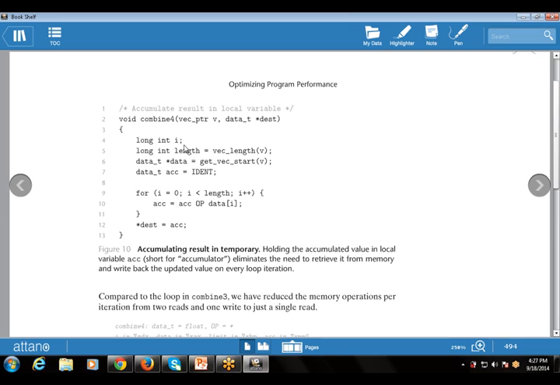Then use the identity variable and store the output in the ACC, that is your accumulator variable.